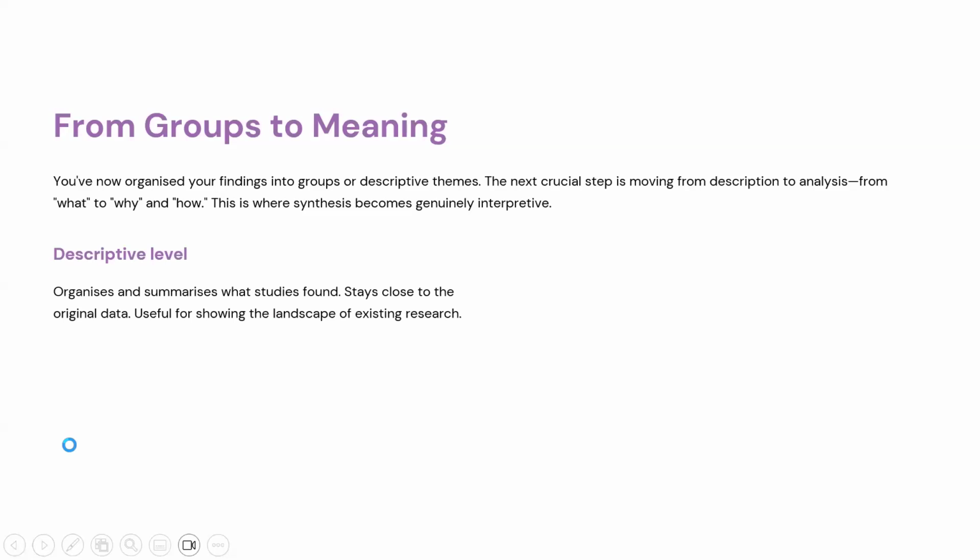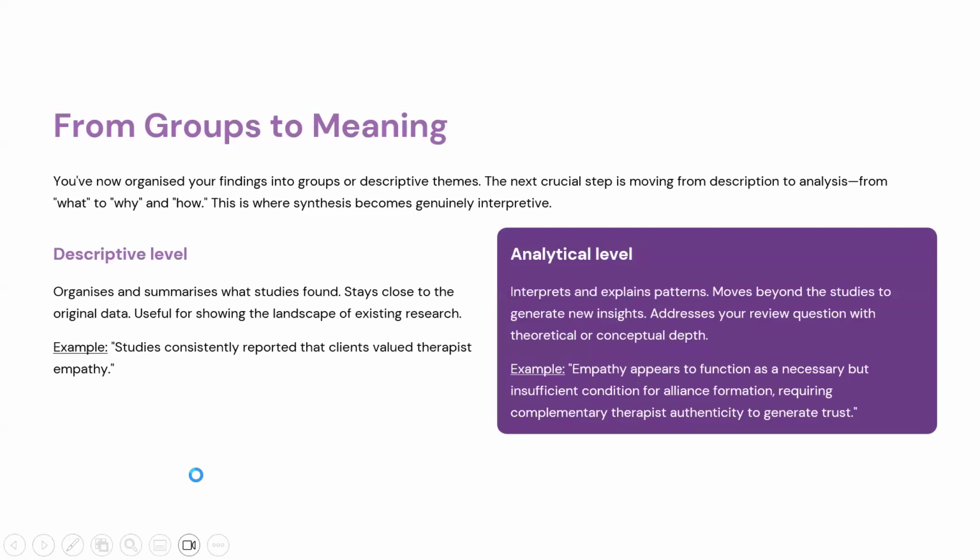At the descriptive level, it organizes and summarizes what studies have been found. We stay close to the original data, and it is useful for showing the landscape of existing research. As an example, we could say something such as studies consistently reported that clients valued therapist empathy. However, at the analytical level, we go a step further, and it involves interpretation and explains patterns.